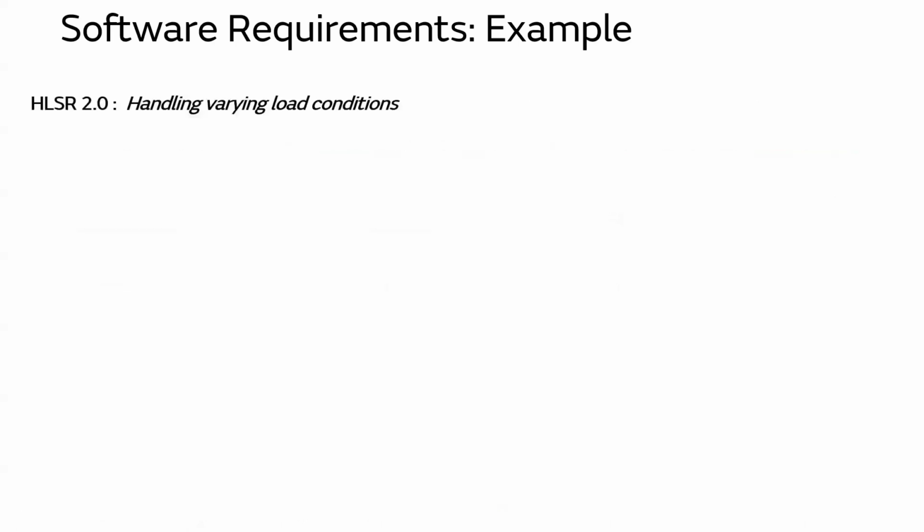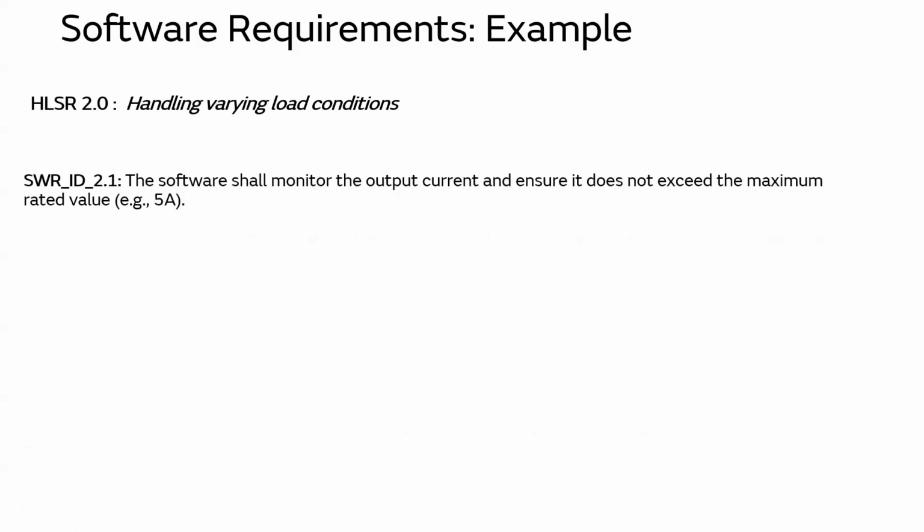Okay. So now, as a part of the high level requirement, I ask, how do I handle the varying load conditions? In varying load conditions, I may need to come up with some additional requirements. I may need to say that I need to be able to monitor the output current and ensure that it does not exceed a specific rated value.